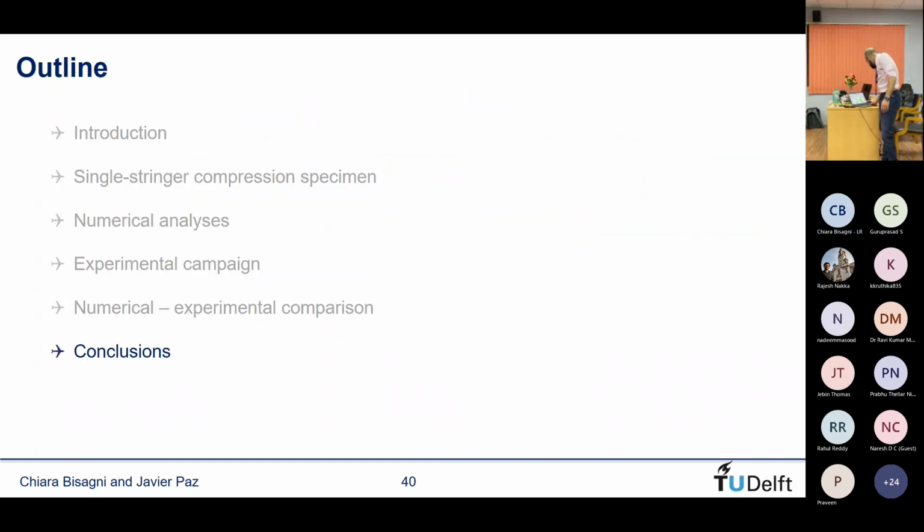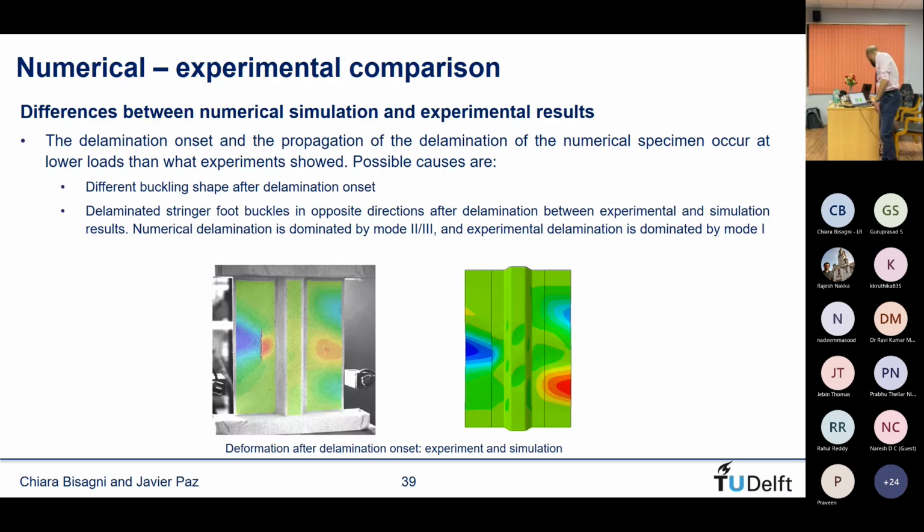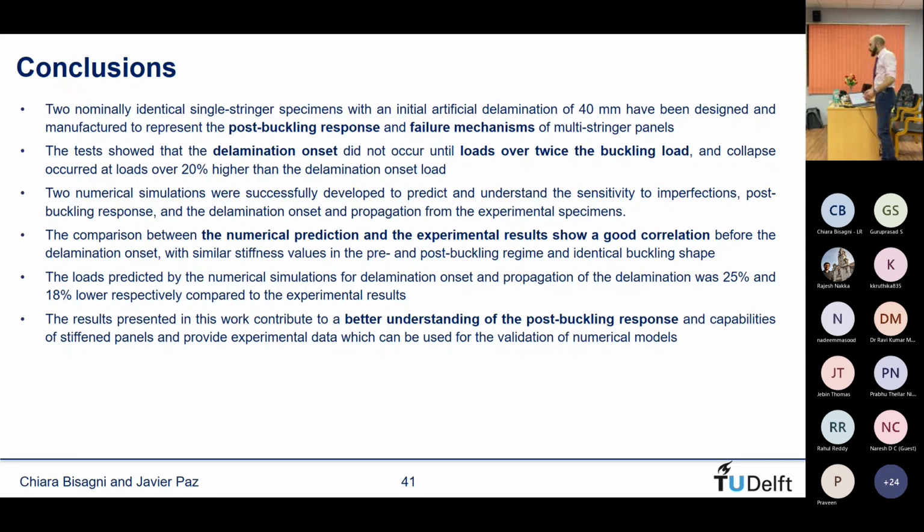And now, to conclude, we managed to manufacture and study 2 different single stringer components that gave us information on the response of what would be a multi-stringer panel and on the post-buckling regime.